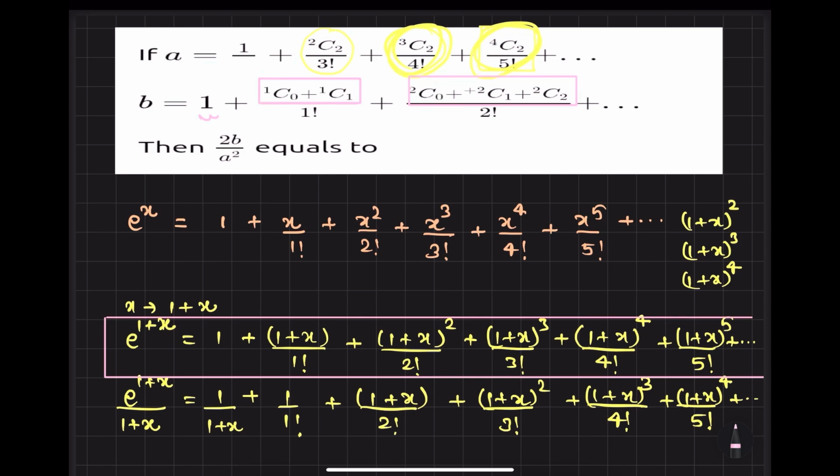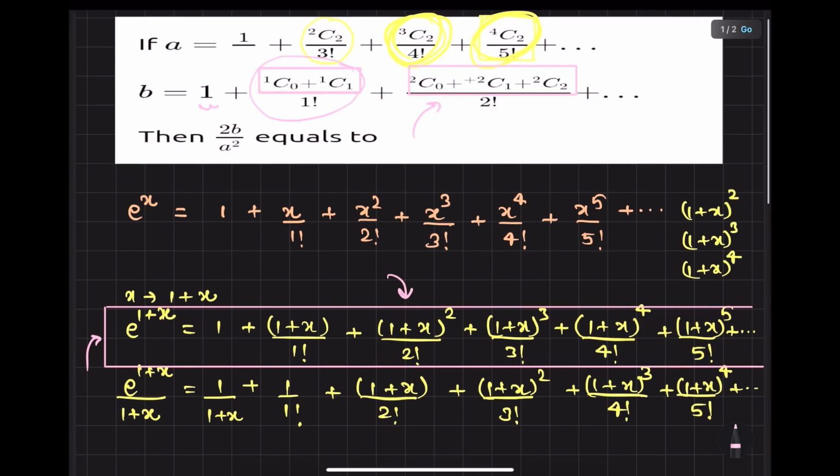Same, no? Look at 1 factorial. So numerator is the sum of binomial coefficients of 1 plus x power 1, coefficients of 1 plus x power 2, right? So what we have to do? Just we have to replace x with 1 in this equation, you will get the value of B.